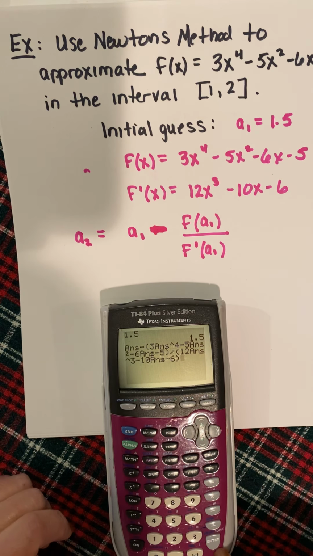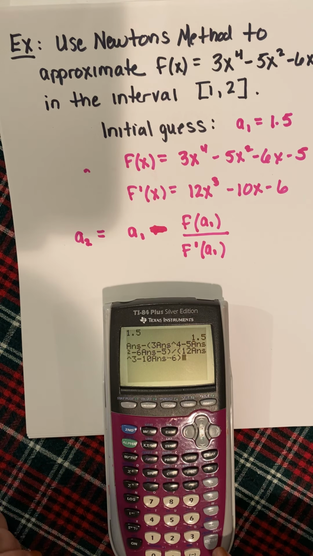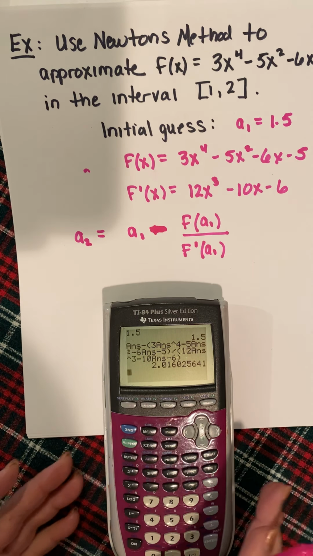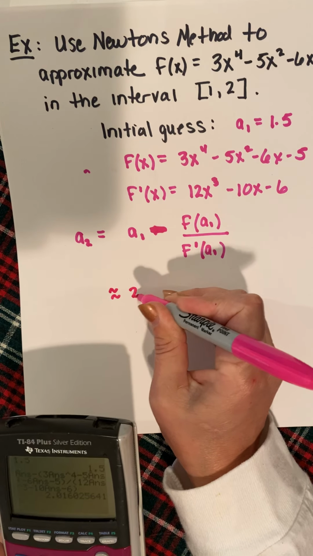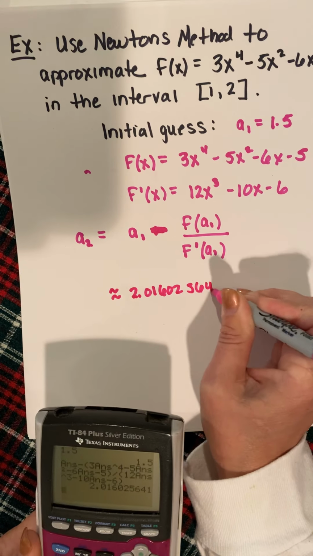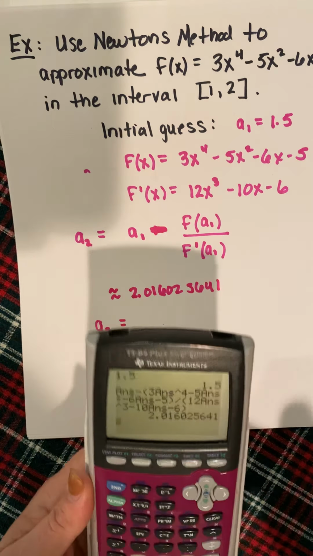All right, let's see. So for the second approximation, we guessed 1.5, halfway between 1 and 2. We plug 1.5 into Newton's method, and we get something a little outside of the interval, which is okay because we're not too far out. 2.016025641. So now I'm going to use this. Now I don't even have to type that all in again.